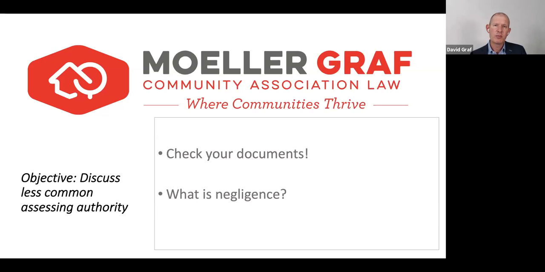It is not merely the consequence of something bad happening. It is something bad happening as a result of somebody not giving reasonable care to a duty that they had. And so just because someone's toilet leaked or shower leaked or pipe broke doesn't mean that they were negligent. And if we're looking at a negligence analysis, you have to prove that deviation from the standard of care that was required.